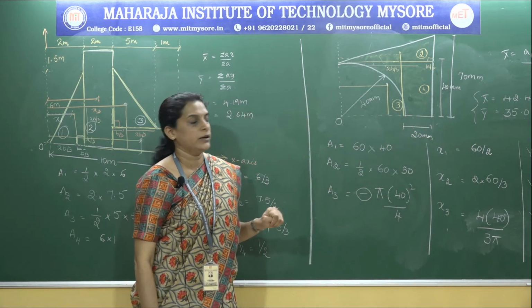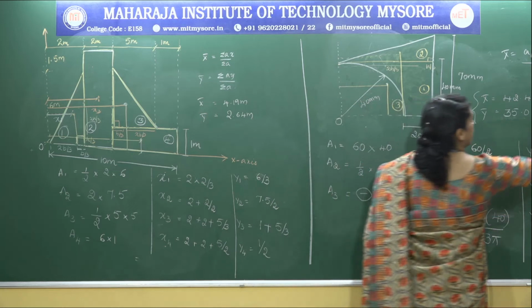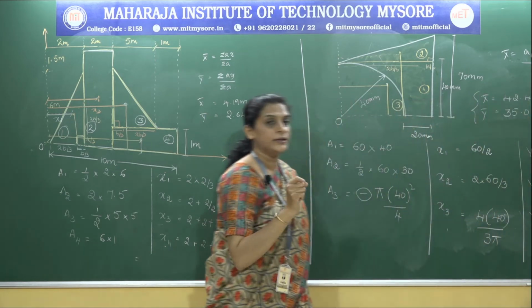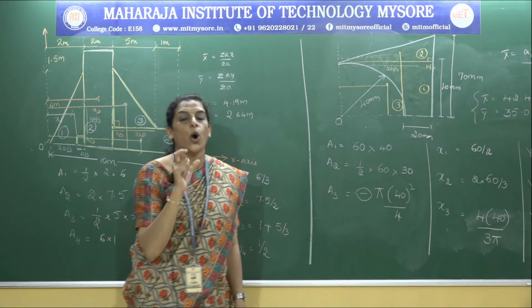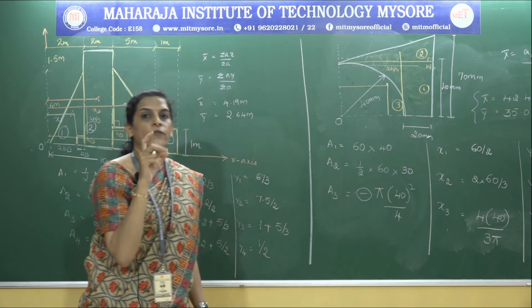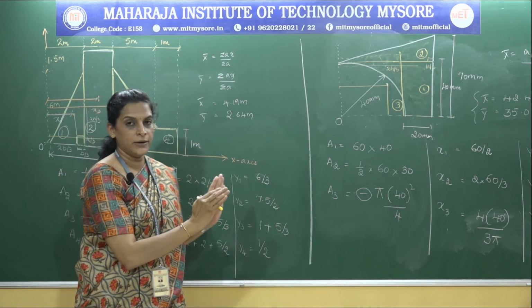Similarly for y bar, we consider the area of the third section. I am highlighting that it is not the coordinates of the individual sections, it is the area of the section we will have to consider here.